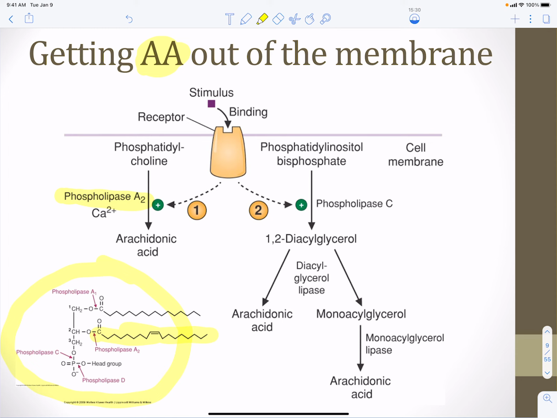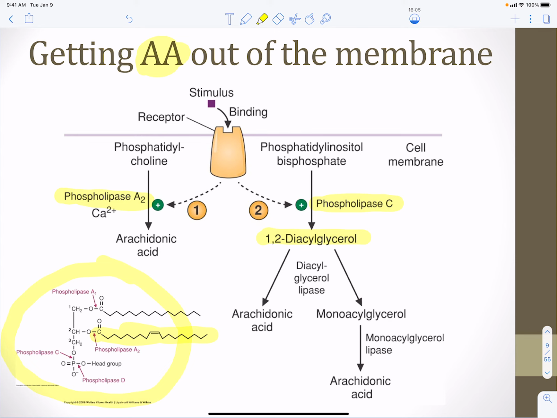Now, there is another way to get arachidonic acid out of your lipid, and that is through phospholipase C. So phospholipase C is going to remove whatever's attached to that 3 carbon, and in some cases that's going to be phosphatidylinositol bisphosphate that it's going to work off of in your membrane. And then when this happens, you're going to release diacylglycerol, which you already know, because from phosphatidylinositol bisphosphate you can get diacylglycerol or DAG.